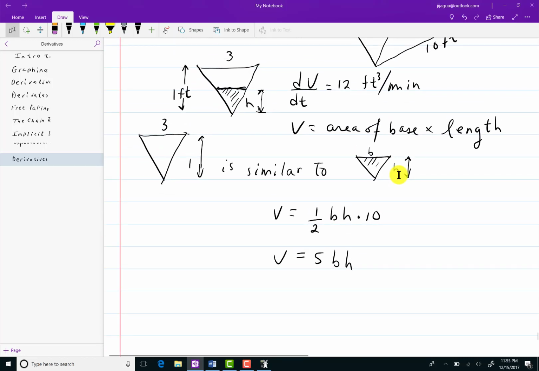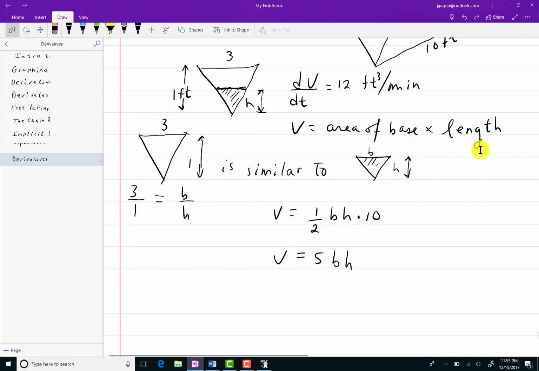And you can. If you look, the original triangle is a 3-to-1 ratio. The base to the height is 3-to-1. Therefore, this base to the height is 3-to-1. That's what it means for similar triangles. You take any side divided by that height is equal to this side divided by that height.